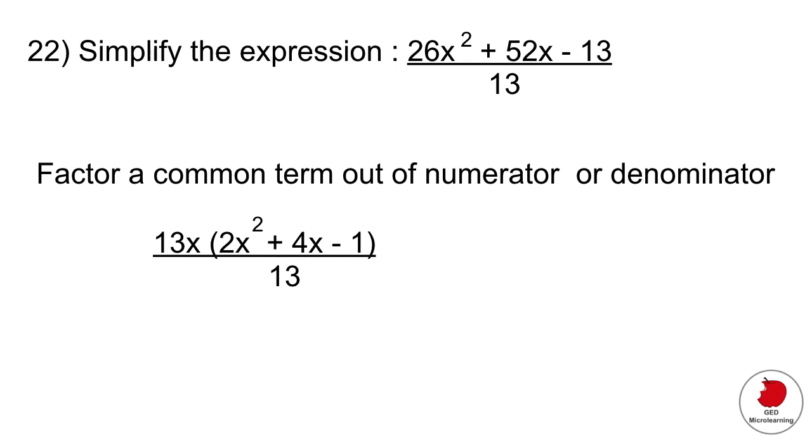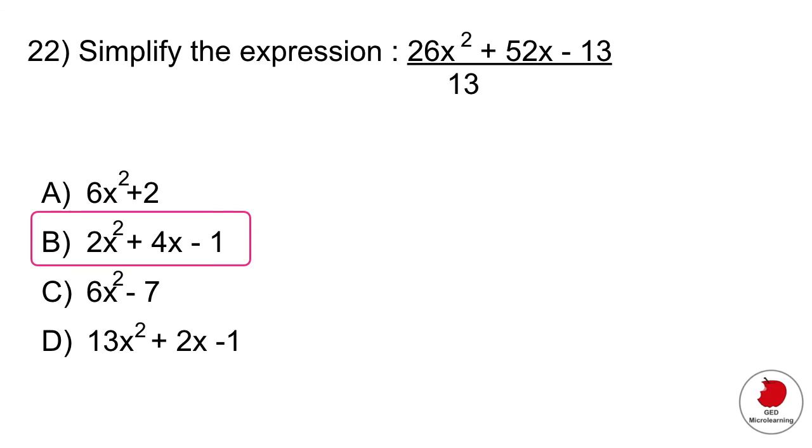So 13x times 2x, pardon me, that should be 13, not 13x. 13 times 2x squared would give you 26x squared, and then 13 times 4 would give you 54x, and 13 times 1 would give you 13. Okay, so you'd cross out that 13 there on the top, and that would be your answer.